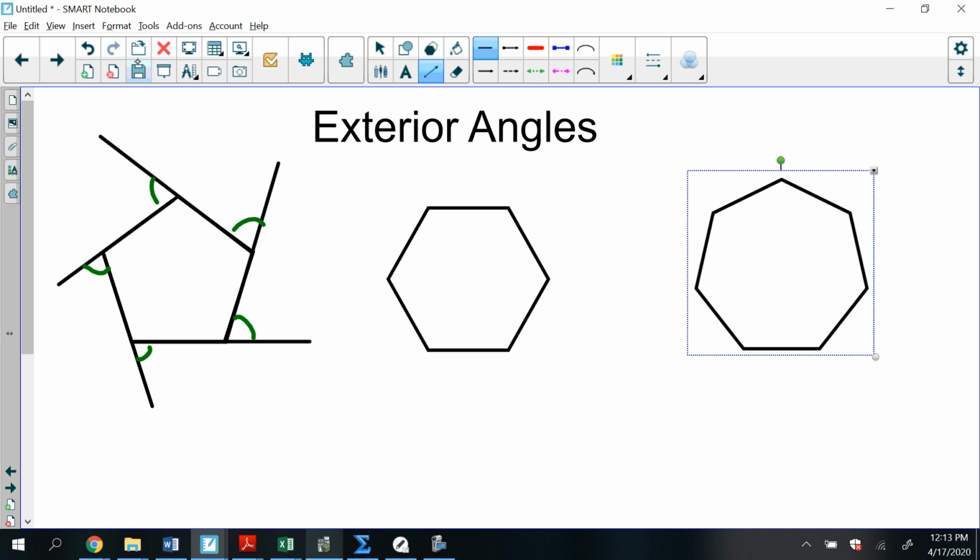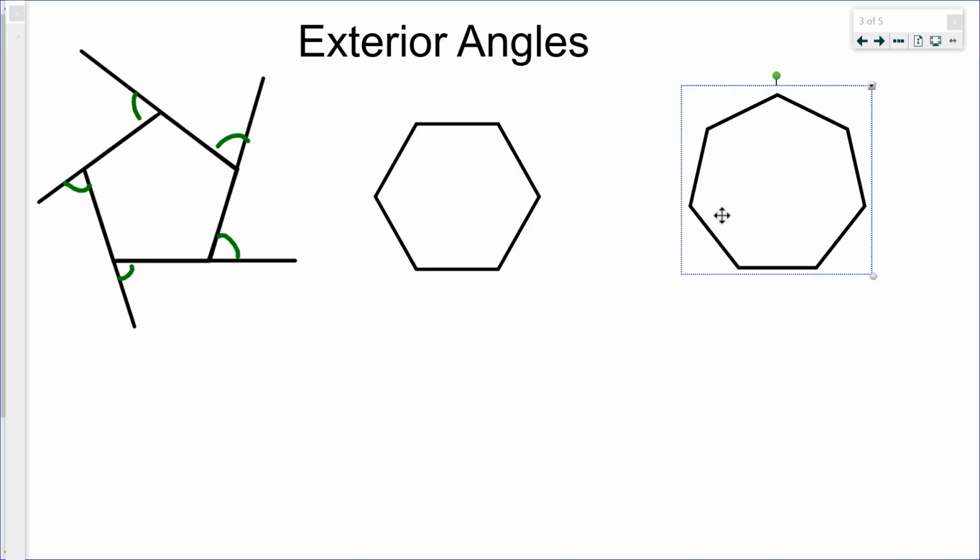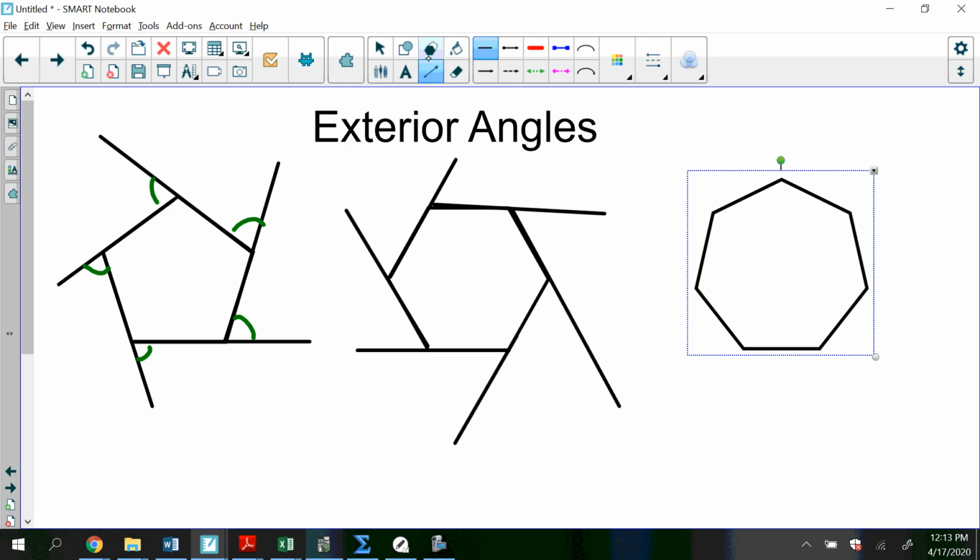So if I go to my hexagon now, I'll show you, it doesn't matter if you go clockwise or counterclockwise, just make sure you extend that side. So we have 6 exterior angles.